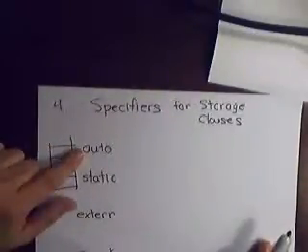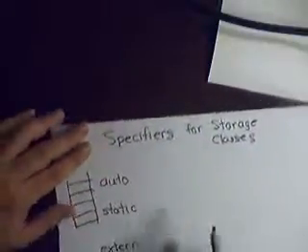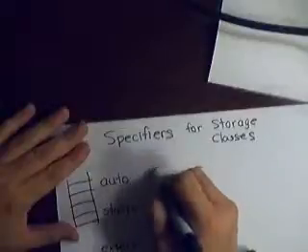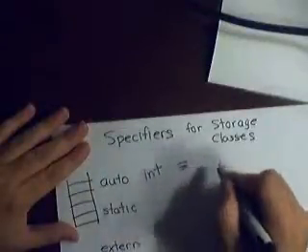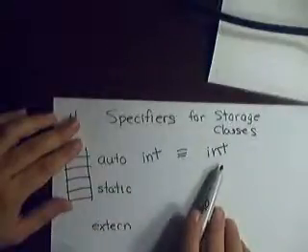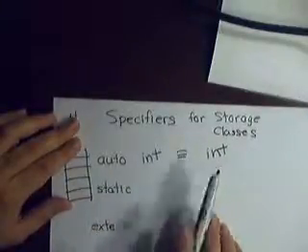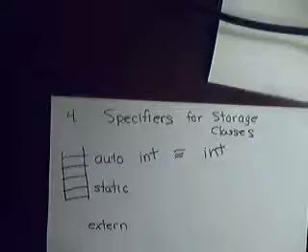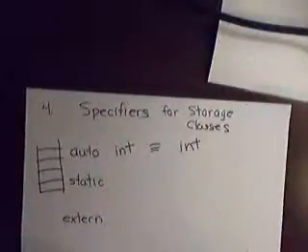Auto is the default if you don't use a specifier. For instance, you could use auto int, which is equal to just saying int, or auto float, which is equal to just saying float. This is your more general type of declaration.